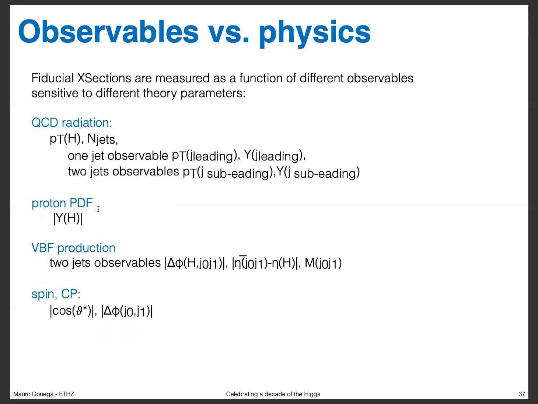You can be sensitive to the proton PDFs. In VBF production, you can describe the vertex by measuring these quantities here, which are essentially quantities based on the system of the Higgs and the two jets. In particular, the delta phi JJ will allow you to test the CP structure in VBF production, cos theta star the spin, and so on and so forth. So every observable helps in constraining one or more of these physics items.